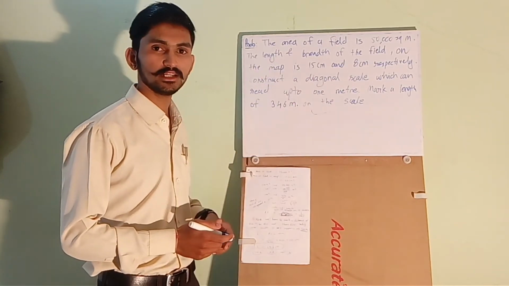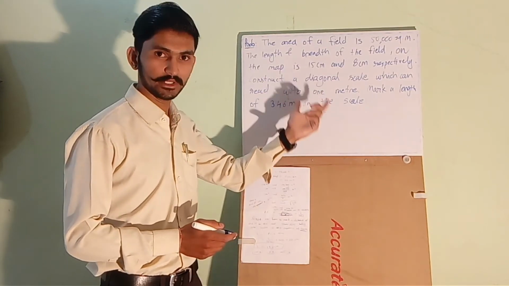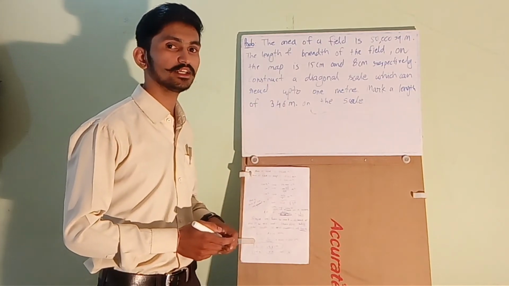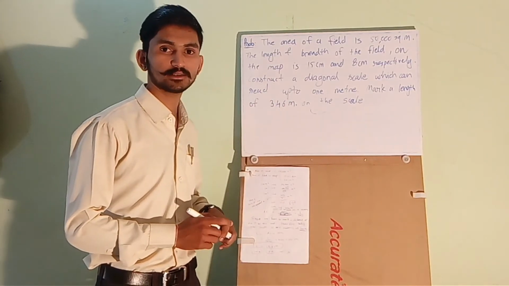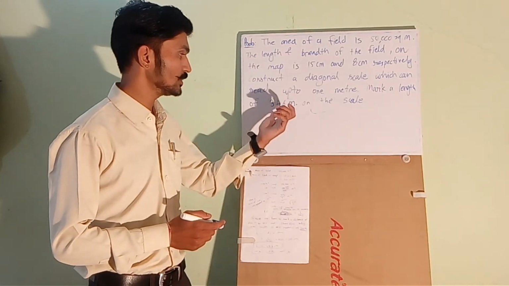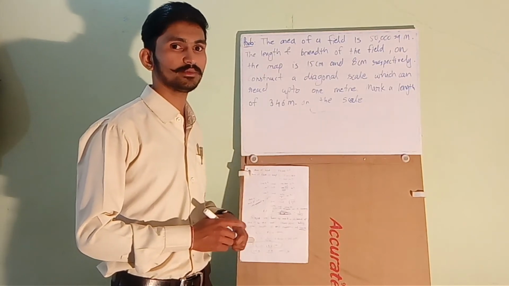Construct a diagonal scale which can read up to 1 meter. Mark a length of 346 meter on the scale. So again, they do not have provided us the maximum length to be measured.